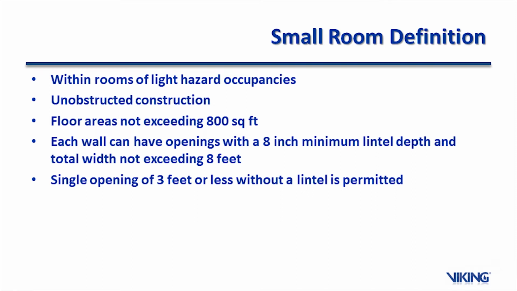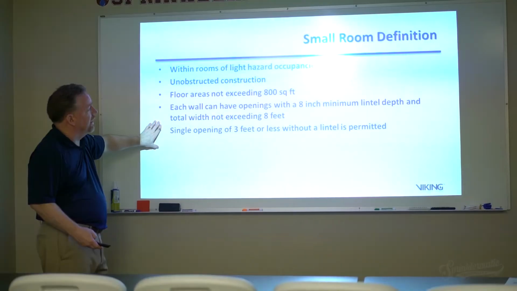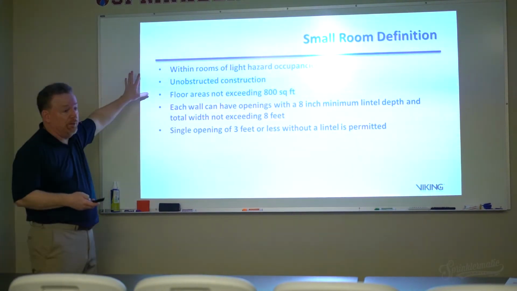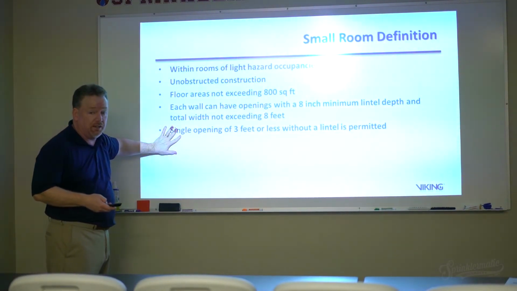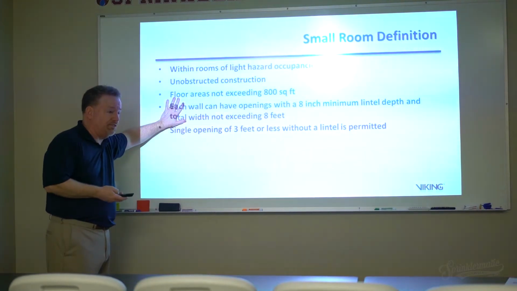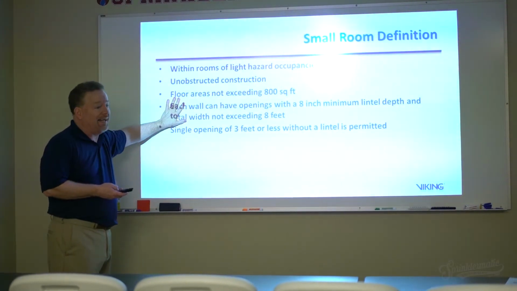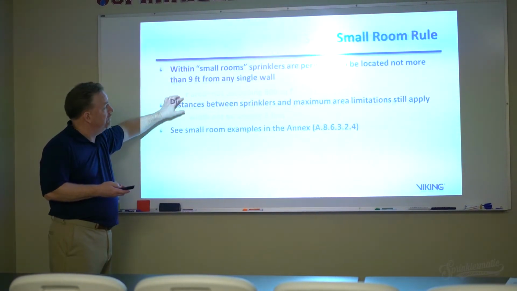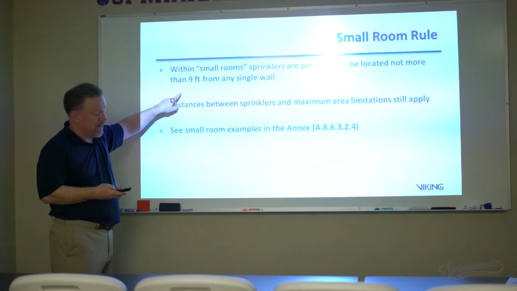And a single opening can be 3 feet or less without a lintel, period. So I could have one door out of here without a lintel at all. And I can comply, that's the small room definition. So if I miss one of these defining factors of a small room, I can't use this rule. Okay, this one back here that says small rooms, 9 feet off of one wall.